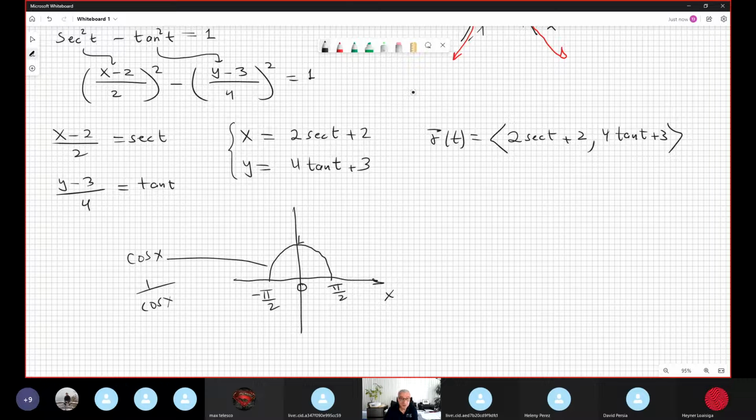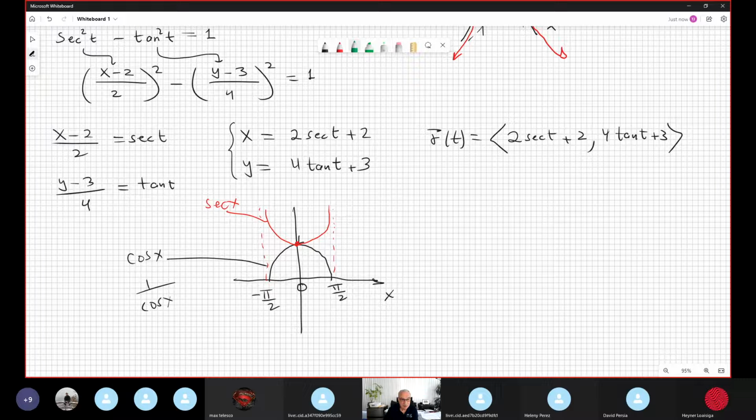And the curve of the secant is reciprocal: 1 is 1, and here is 0, so it's undefined. We have here a vertical asymptote. This is approximately the shape of the secant, secant t, whatever. And the tangent is different.